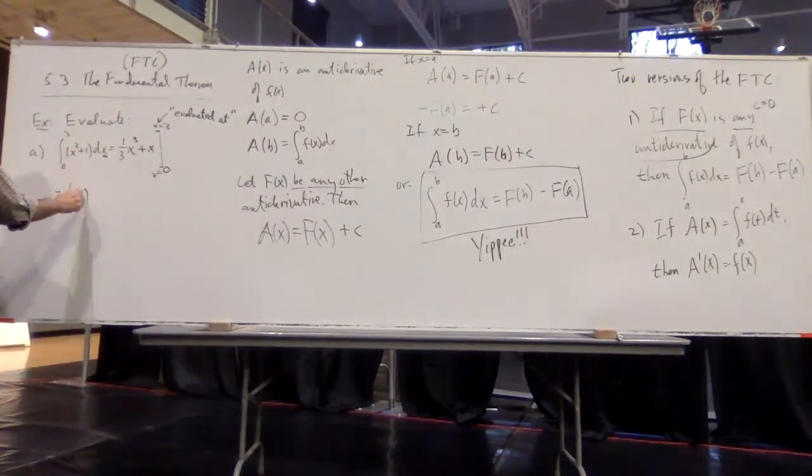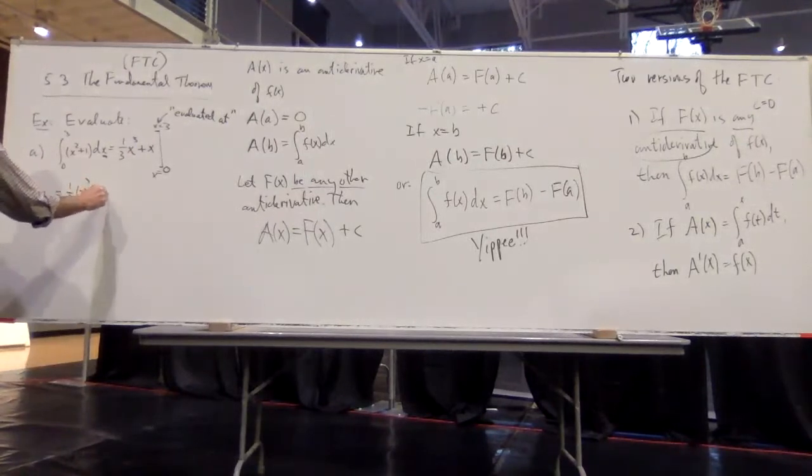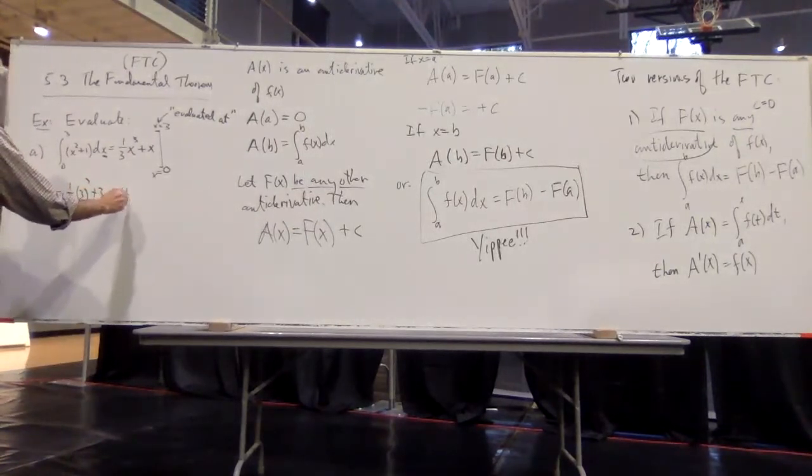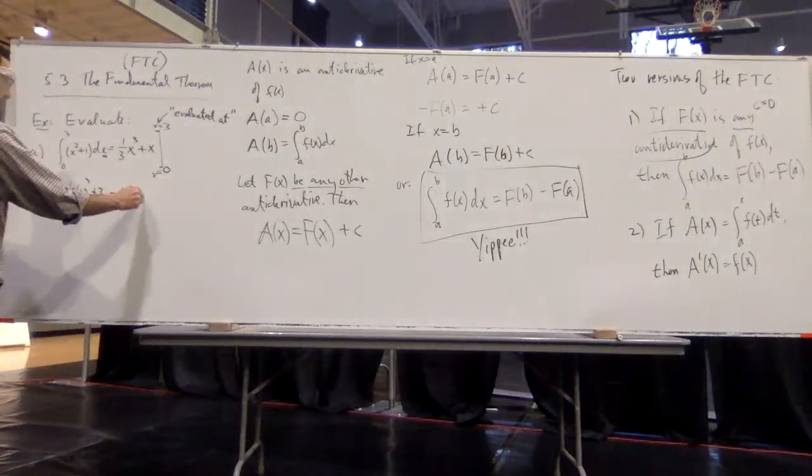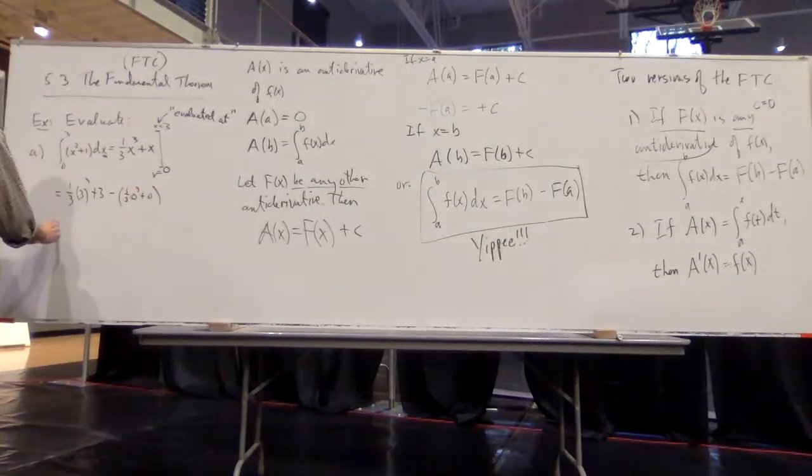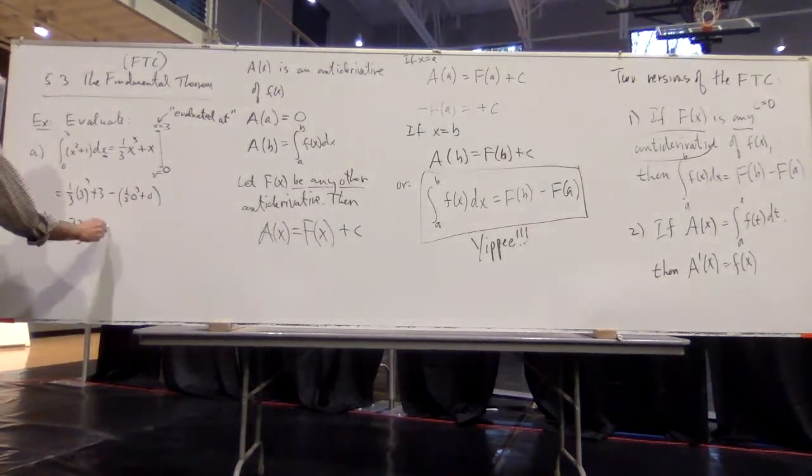So 1/3 times 3 cubed plus 3 minus 1/3 times 0 cubed plus 0. And you could probably see we were going to get 0 there. We don't need to write it out if it's going to be obvious. So this is 27/3 plus 3, which makes 12.